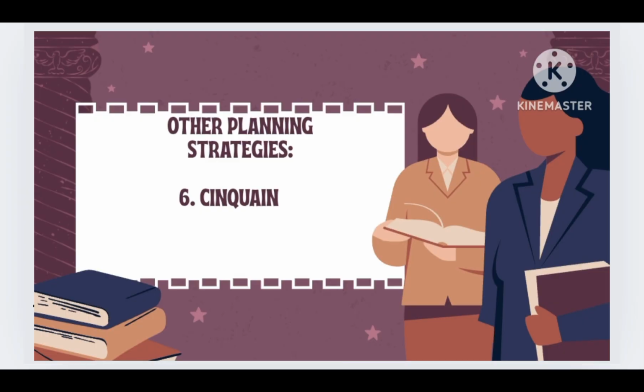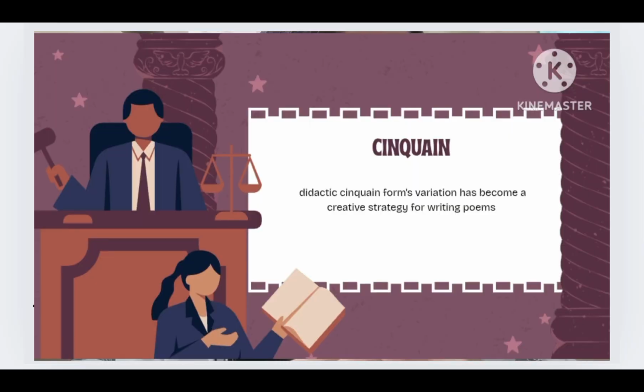Okay, next to the 5-paragraph essay is the Cinquain. So Cinquain, it's a 5-line structured poem. By definition, it shows here, didactic cinquain forms variation has become a creative strategy for writing poems. So this is effective kay using minimal words, diba, 5 stanza raman siya.